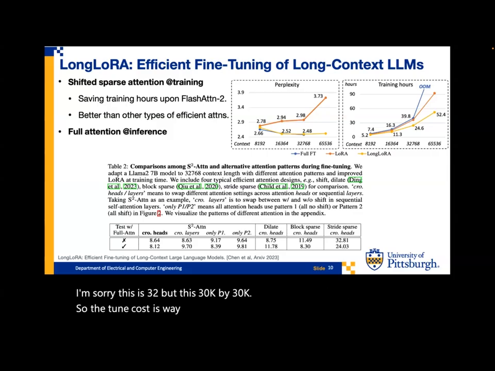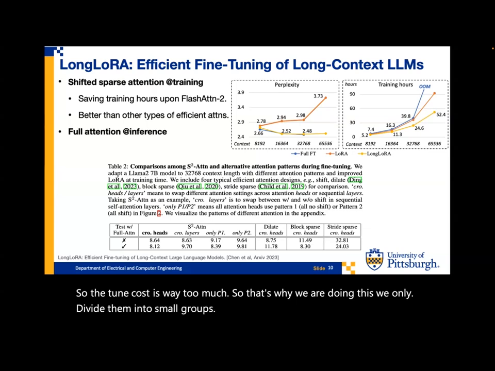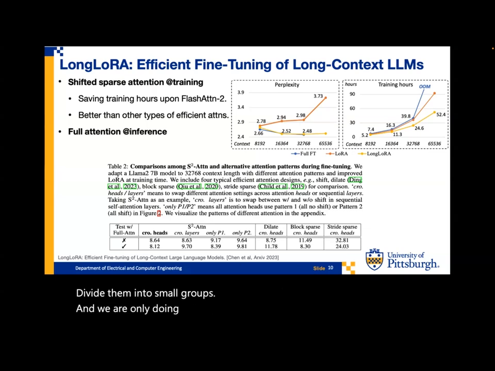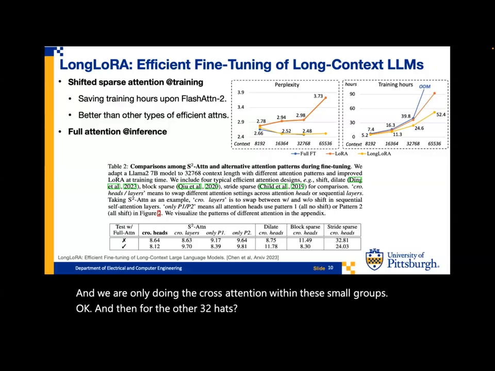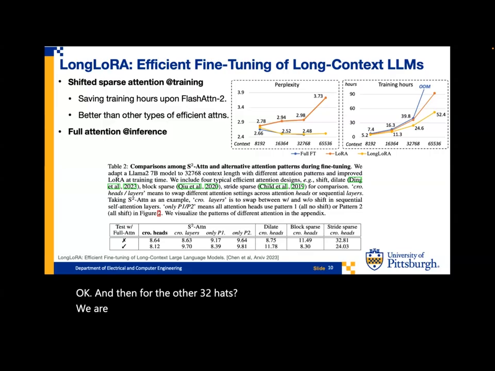So that's why we only divide them into small groups, and we are only doing the attention within these small groups. Okay, and then for the other 32 heads, we are shifting the pattern a little bit, and doing the self-attention within these groups.